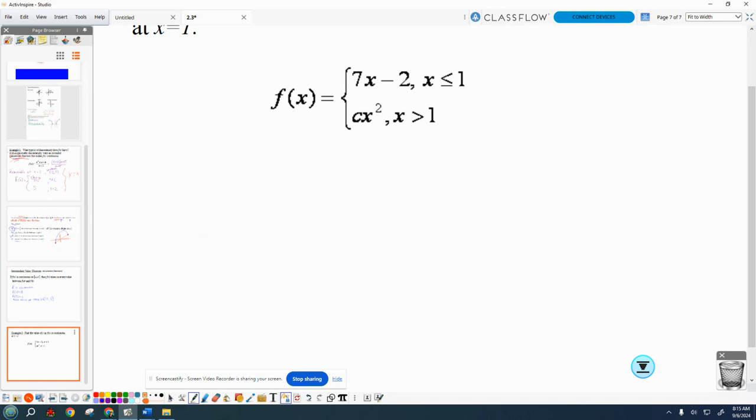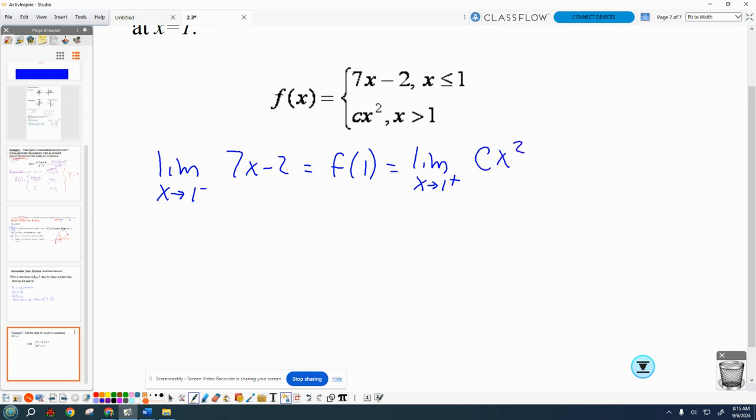So, definition of continuity. As we approach 1 from the left, this piece, the left, needs to equal the function at 1, which needs to equal the function from the right, which is this piece.